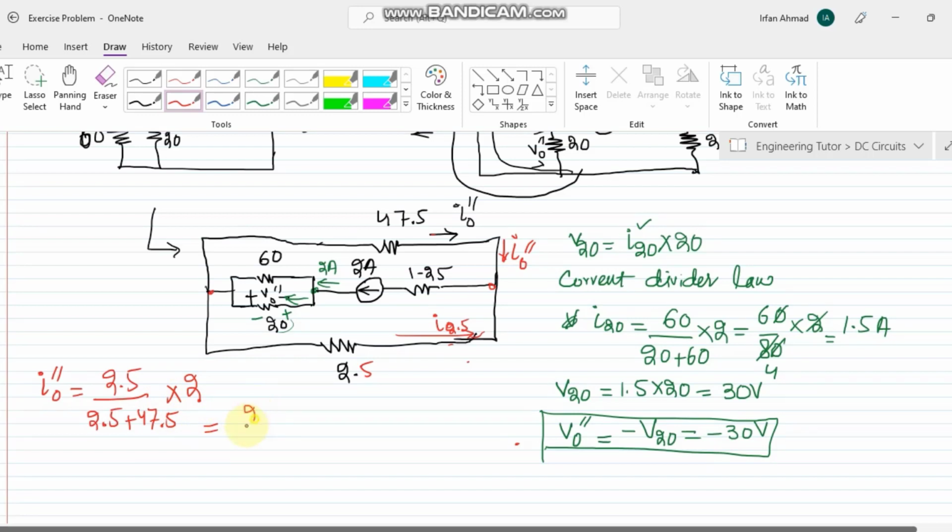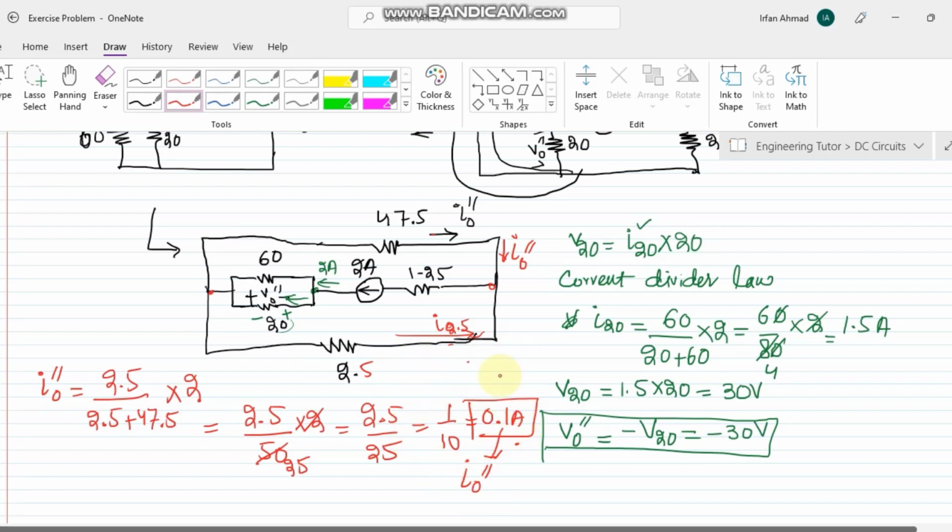So 2.5 divided by 50 multiplied by 2, so 2 will be cancelled with this one. So 2.5 divided by 25, here I will get 1 by 10, so it will be equal to 0.1 amperes. So that is the value of I naught double prime.